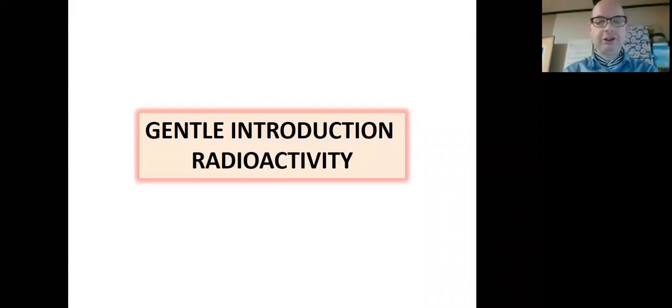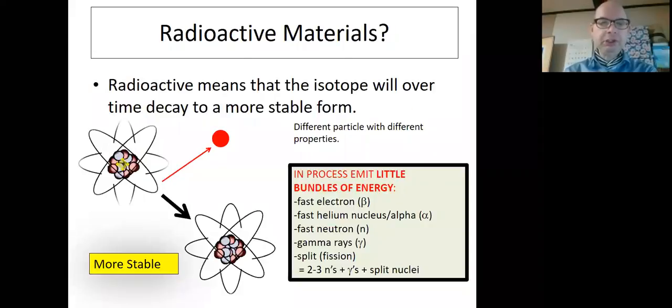Okay, so a gentle introduction to radioactivity. When something is radioactive, it means that the isotope will over time decay to a more stable form. So you see that here, an isotope decaying from one isotope to another isotope. It doesn't disappear, it just goes from one isotope to another. And as it does that, it releases particles or little bundles of energy.